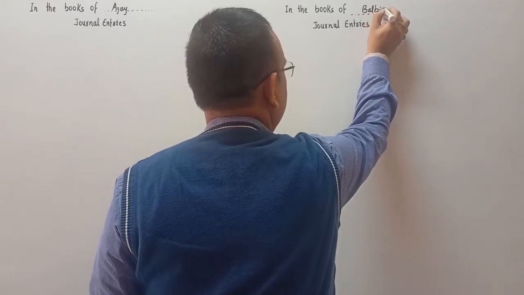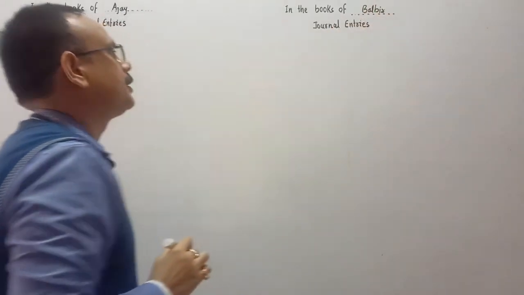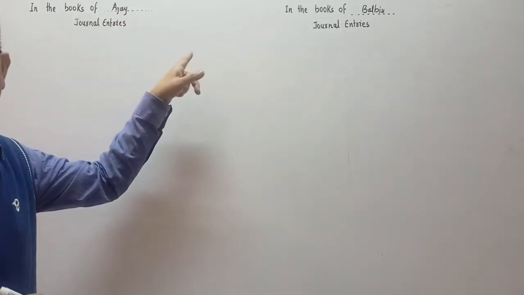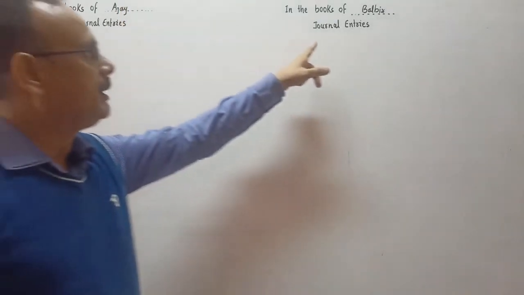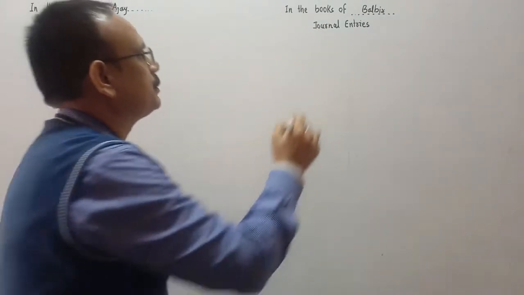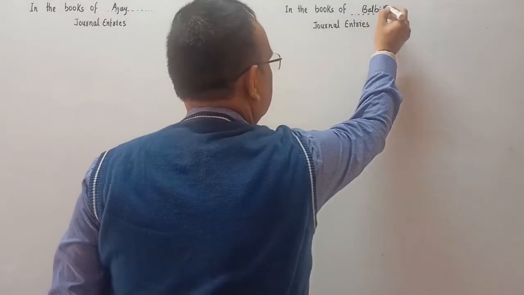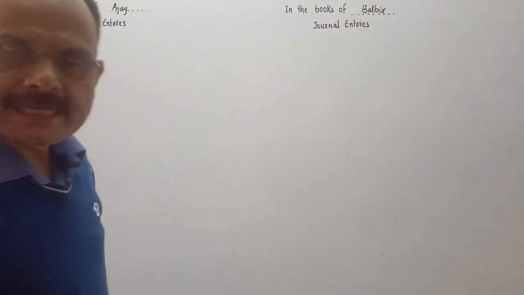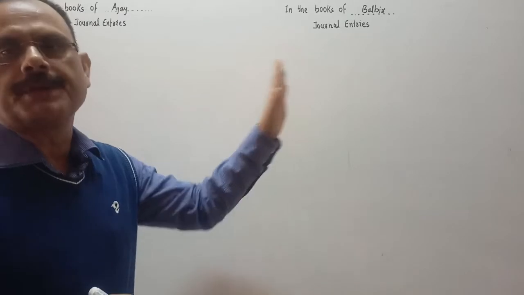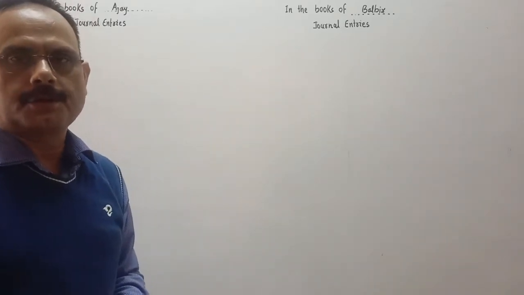So we are going to do the entry in the books of Ajay. Ajay is the seller, he is the drawer. Balbir is the customer, he is the purchaser who purchased the goods and accepted the bill. So Balbir is the drawee of the bill.